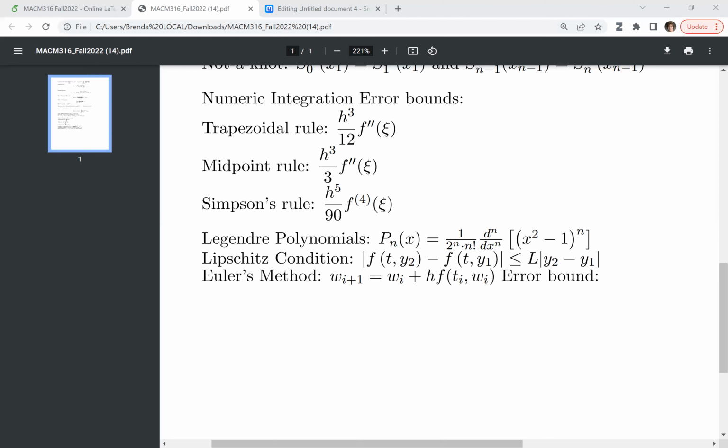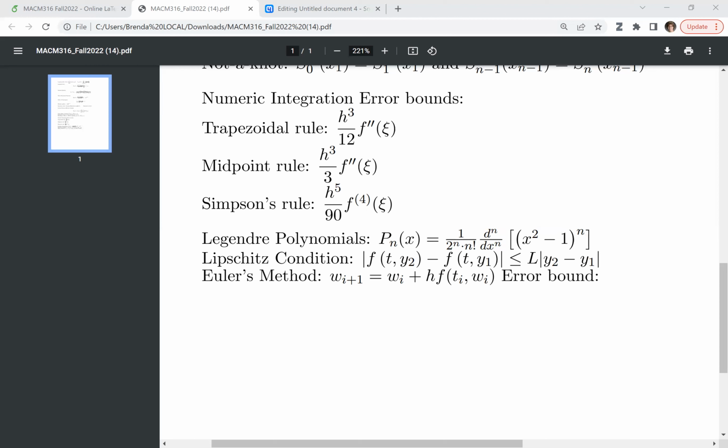We had an mth order ODE that looks like this, u to the m of t equals some function, and that is where we started.